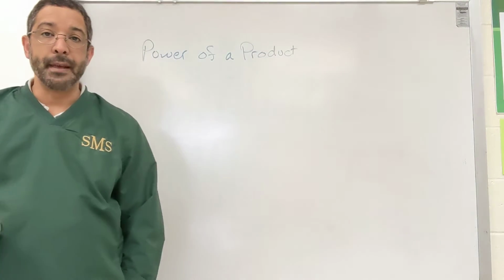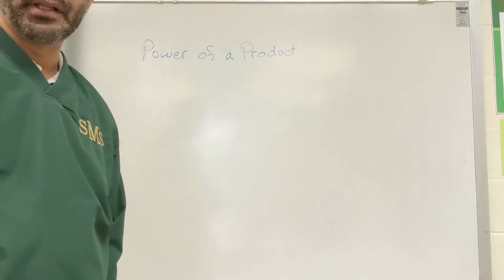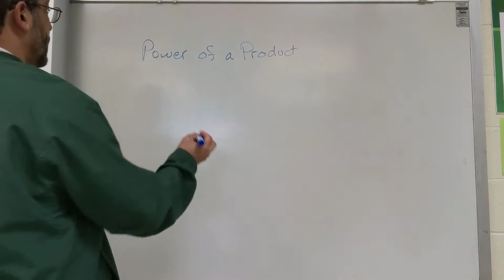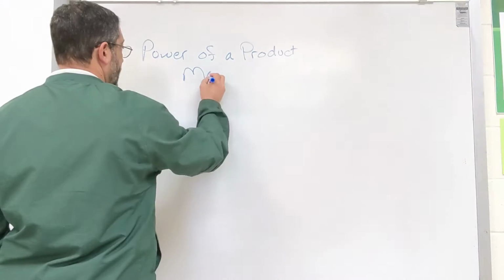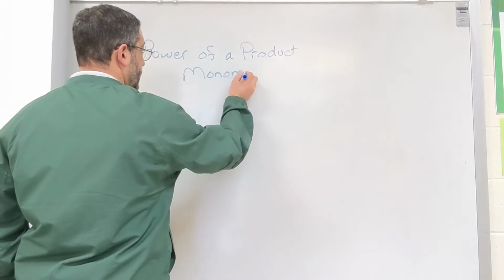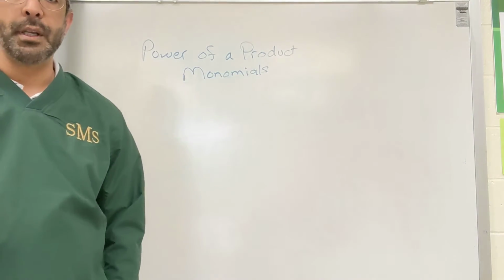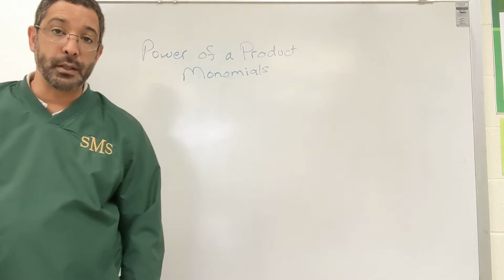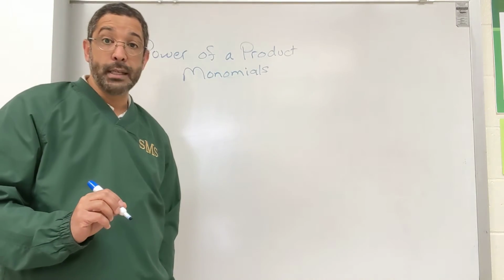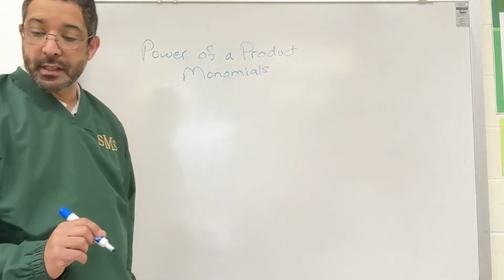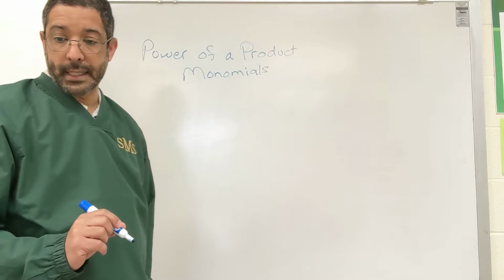And this primarily applies to what we call monomials. And you're going to learn more about monomials, binomials, and polynomials when you get into Math 1 next year. But for now, I'm just going to teach you what a monomial is.